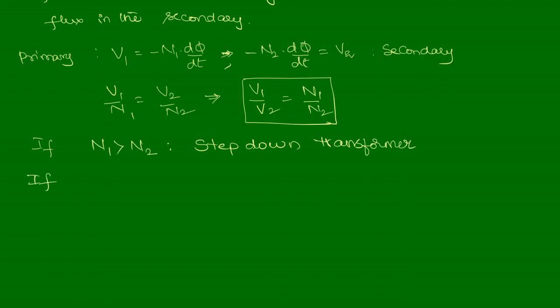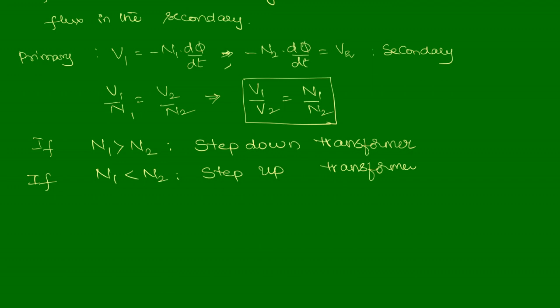And if N1 is less than N2, that means the number of turns in the secondary is greater than in the primary, then we'll call that a step up transformer. So we'll have two kinds of transformers: a step down transformer or a step up transformer.